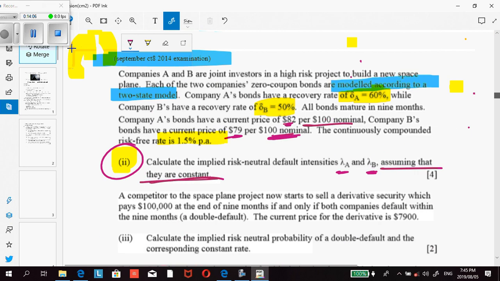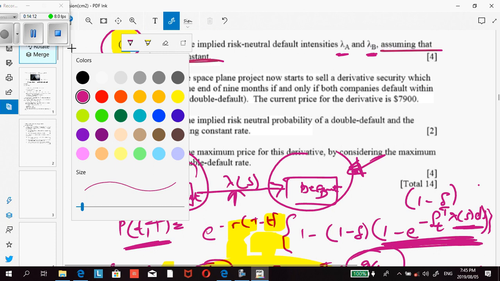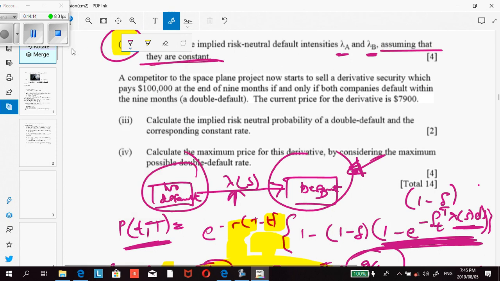manipulating the algebraic equation. Now, the last part of this question gets very interesting, because now they're saying a competitor to the space plane project now starts to sell a derivative security which pays, now they're talking about payoffs, which pays $100,000, excuse me, at the end of 9 months, if and only if both companies default within the 9 months.